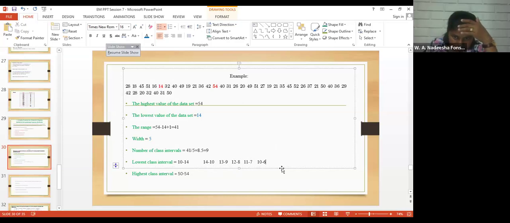Then 9, 5, like that. So the upper value or lower value should be a multiple of 5. According to that, we can select these three.